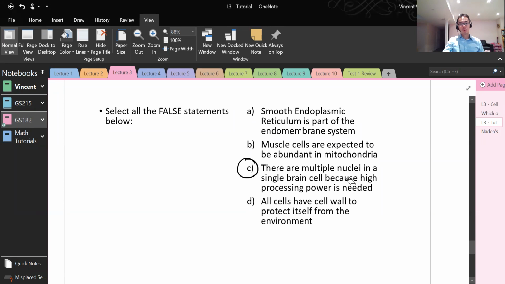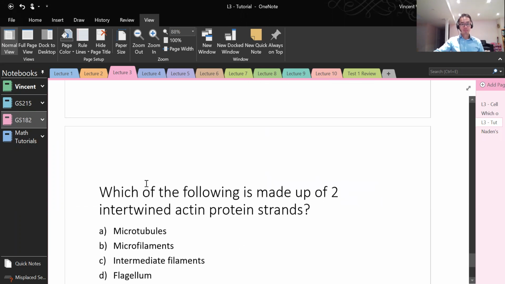This is not correct. Only one nucleus per cell, and not all cells will have a cell wall. Definitely animal cells don't have a cell wall, so that makes it untrue, right? This one is actually true. In the muscle, you have a lot of contraction, which requires a lot of energy. So to make more energy, you would need more mitochondria. And smooth ER is part of the endomembrane system. So the incorrect statements are C and D.